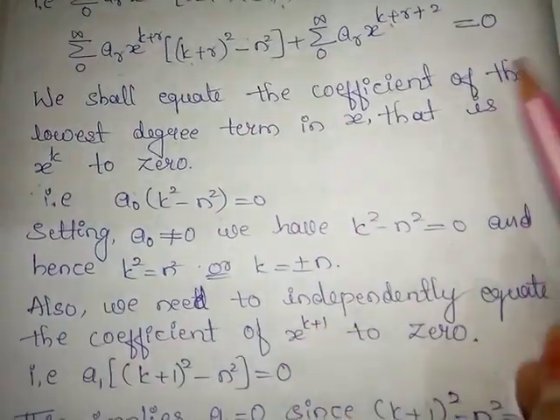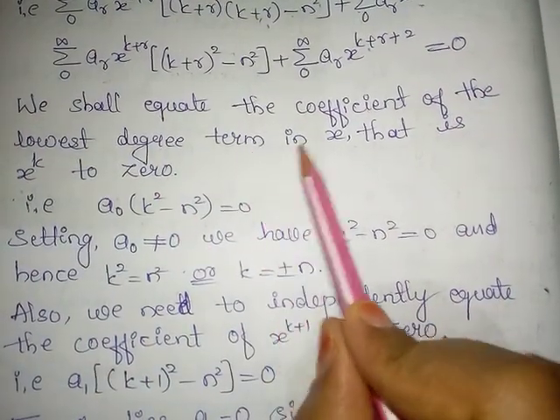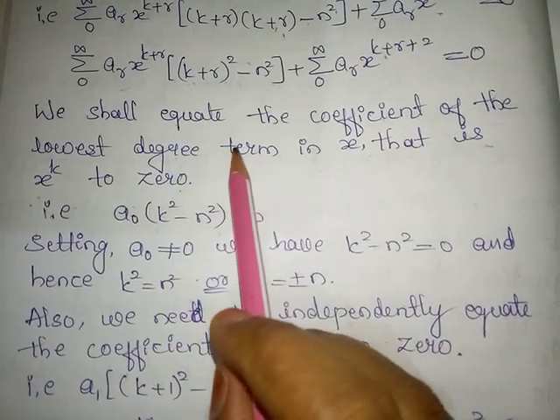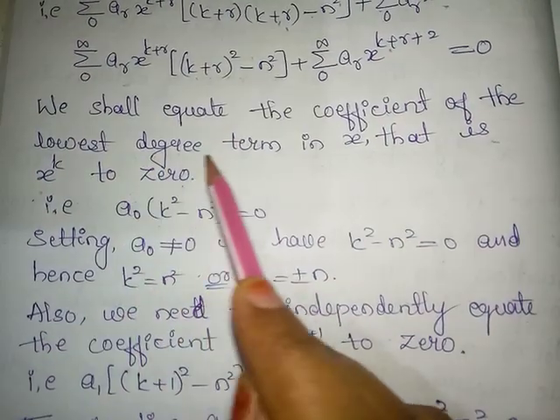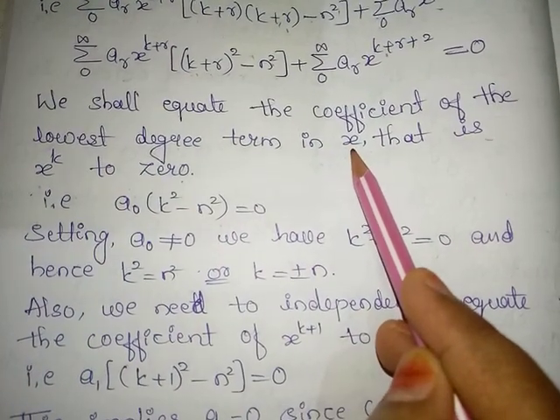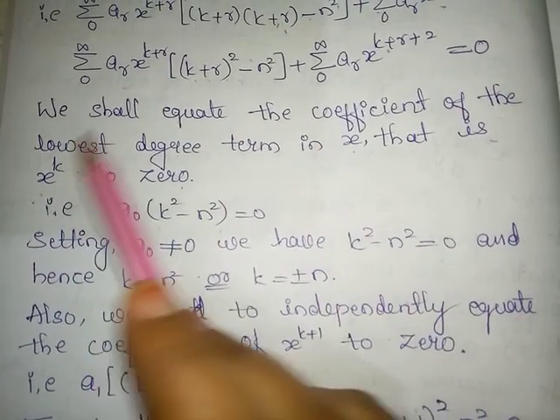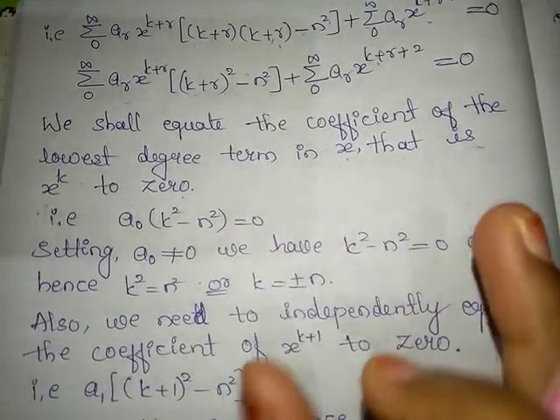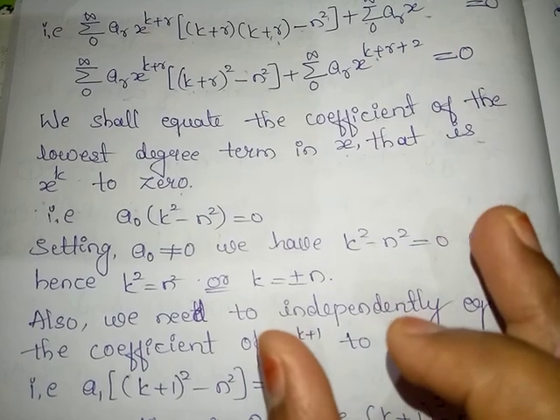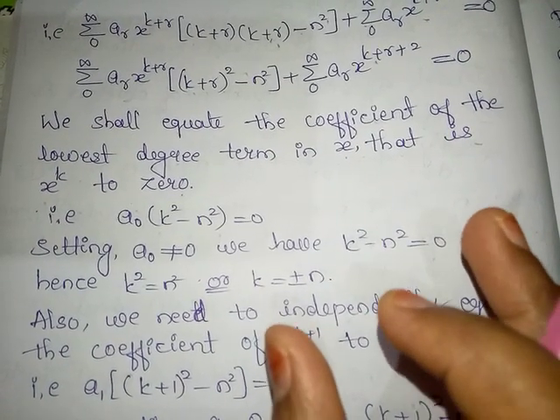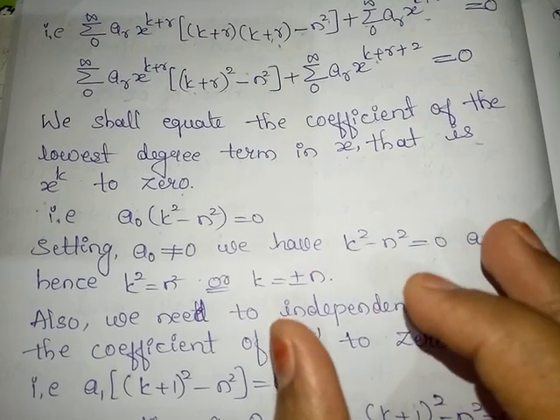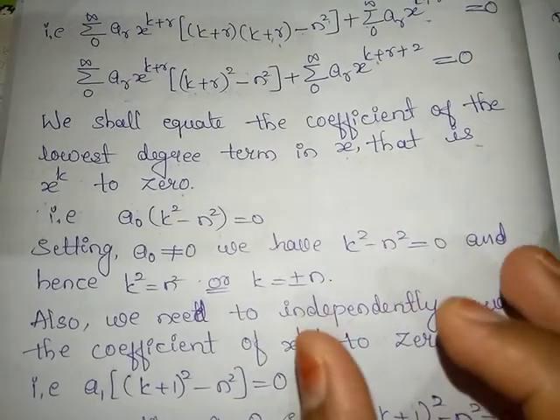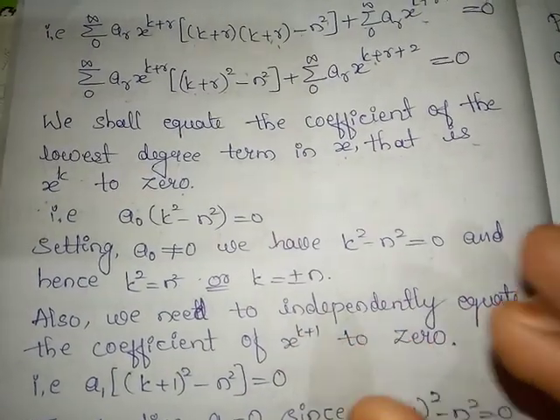Next, we shall equate the coefficient of the lowest degree term in x, that is x raised to k. Okay, we have to equate the coefficient of the lowest degree terms in x. See, I have already explained the procedure of the Frobenius method, and I am following that procedure only, the procedure of the Frobenius method when the coefficient of y double dash, p naught of x, is not equal to 0 when x is equal to 0.